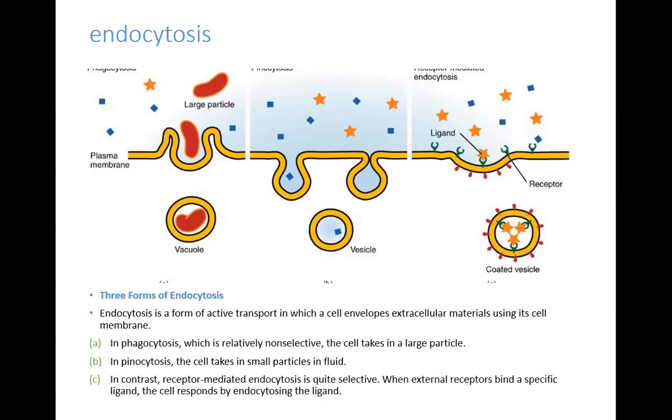It just pinches off, and then it brings it into the cell, and we let the digestive enzymes break it apart. The same thing happens with the vesicle for fluids in the middle. And the third example is where we have the specialized receptor for some molecule that we want, and only that molecule gets picked up there. But all three of these require energy.